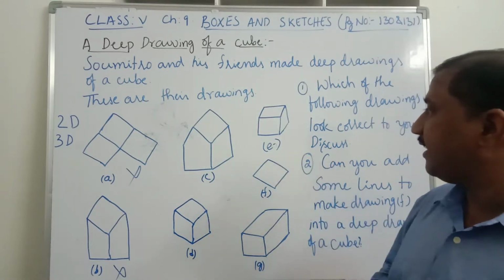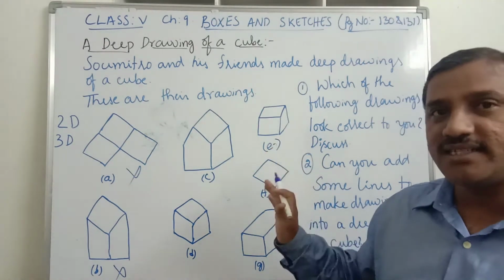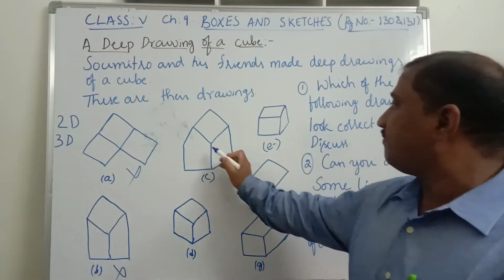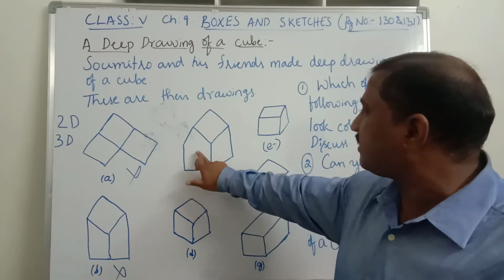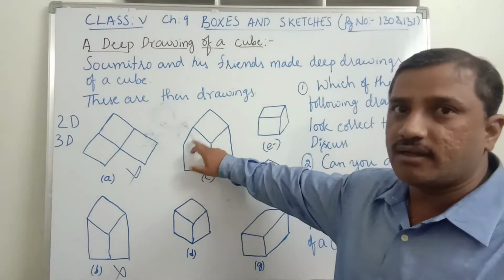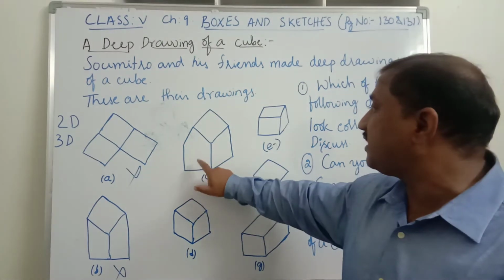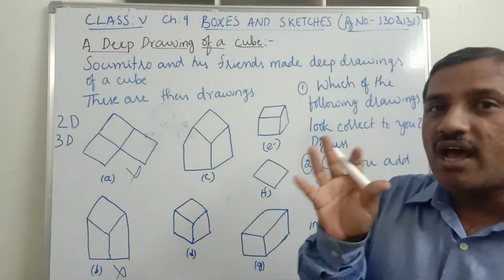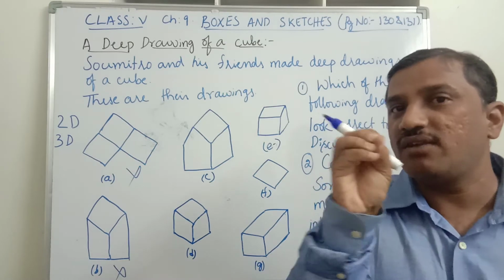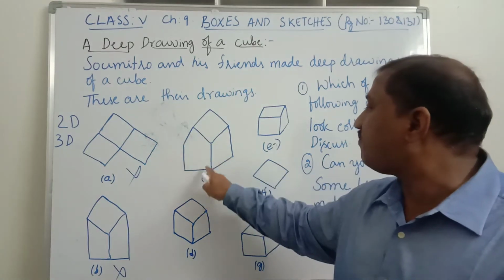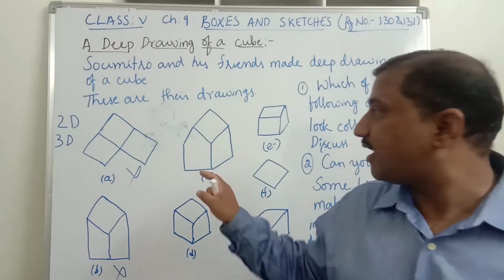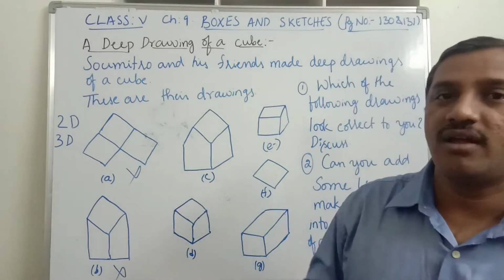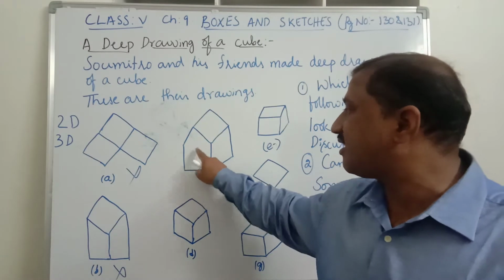Then discuss C. C looks like a hut, so it is also a 3-dimensional figure. You see here, this is one of the faces of this 3-dimensional figure. But you see the sides: 1, 2, 3, 4, 5. A square will have only 4 sides, but here we have 5 sides. A 5-sided figure is known as a pentagon, so this face is not a square.